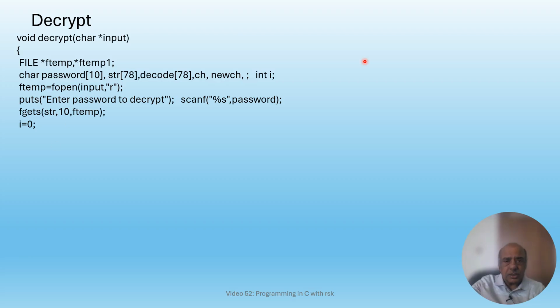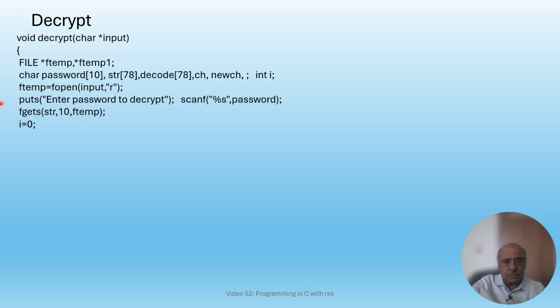There are a lot of character variables declared. Then we open the temp file, which is an encrypted file, in the read mode. Then the program asks us to input the password to decrypt. That password is assigned to the char array named password here.